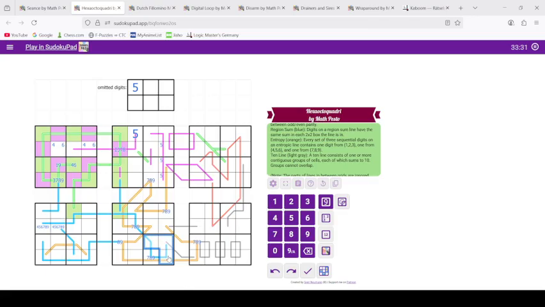Can this have another high digit on it? 7, 8, 1, 2 is 15 plus 3 is 18. It cannot. So there are no high digits on here, which means that this cannot be 1, 2, or 3.